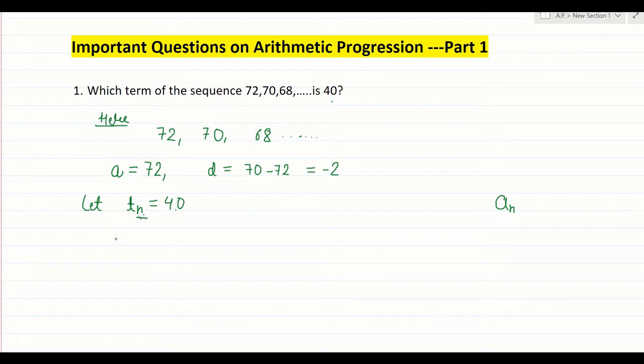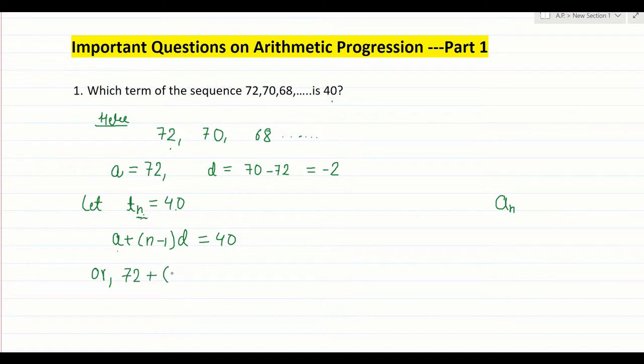So we know Tn is given by a plus (n minus 1) d equal to 40, where a means the first term. The first term is provided as 72. So 72 plus n.